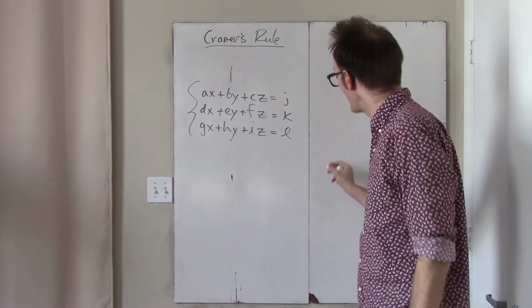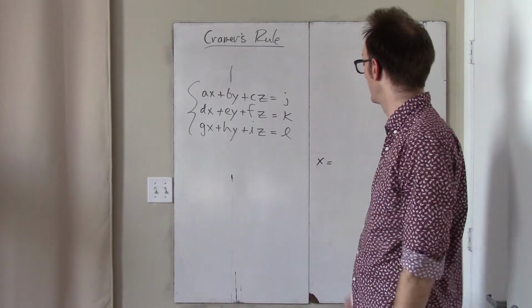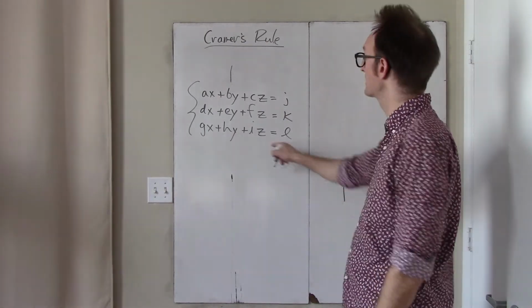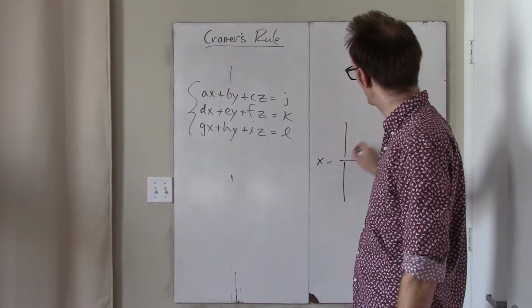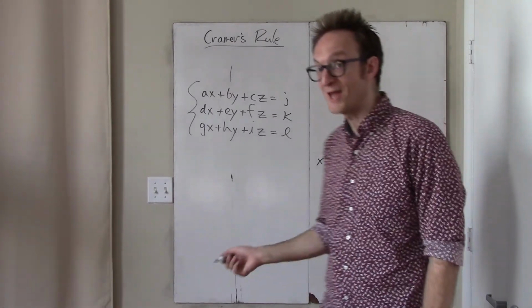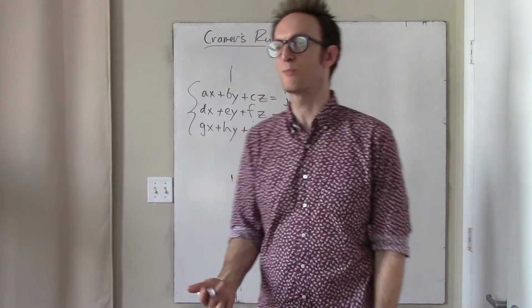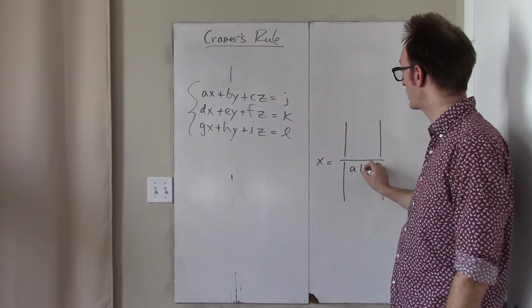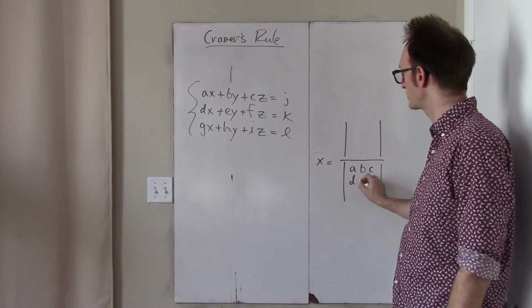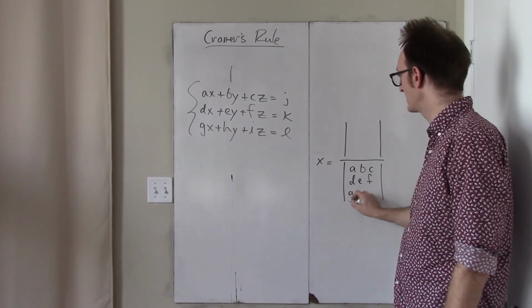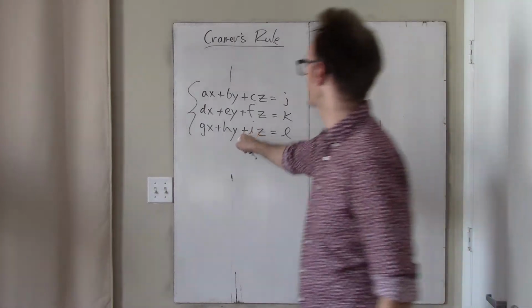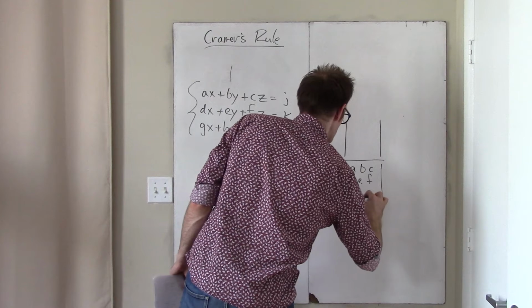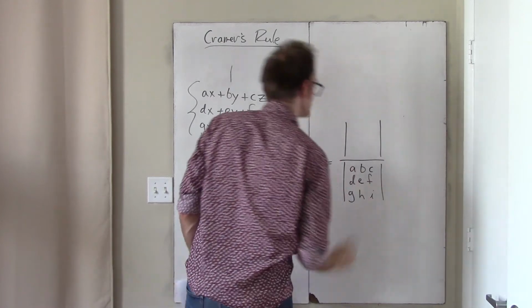Well, Cramer's Rule applies in the 3D case as well. If you want to know the solution for the x variable, for example, our friend the determinant makes an appearance here. Just like for the 2 by 2 case, the determinant of the coefficient matrix shows up in the denominator of the general solution.